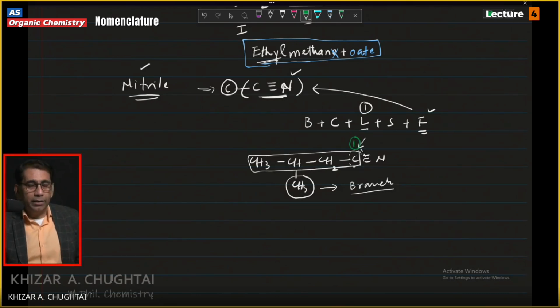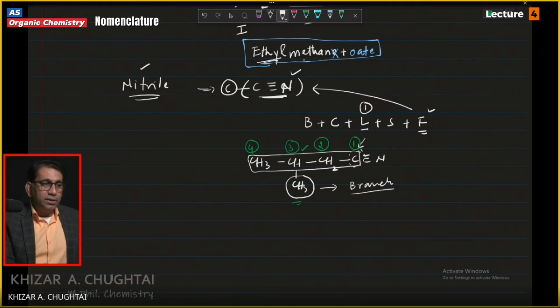Like in aldehyde, like in carboxylic acid, same as the mechanism in nitrile, this carbon will always be carbon number one. So carbon number one, carbon number two, carbon number three, carbon number four. Numbering is basically done to locate the position of the branch. So it is noted that the branch is present at the third position.